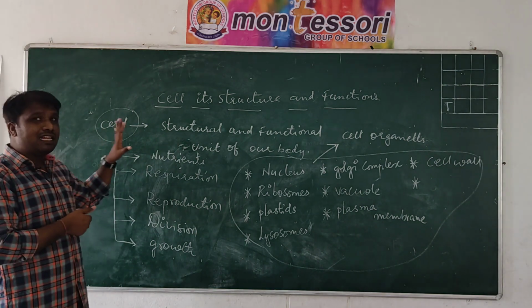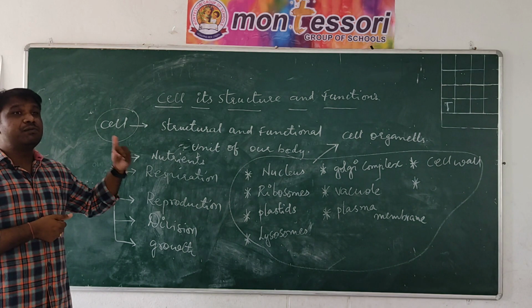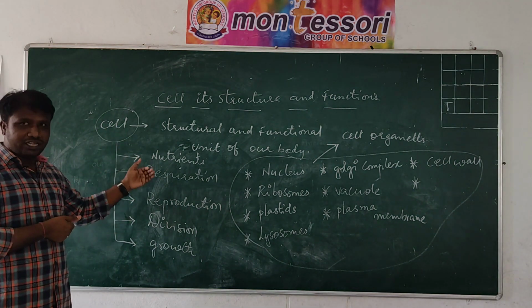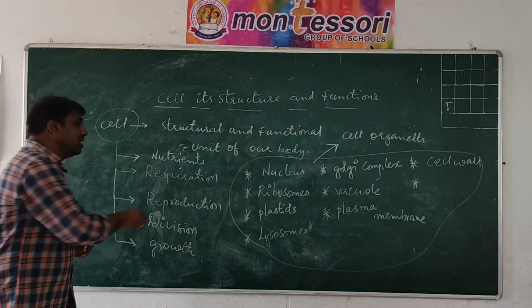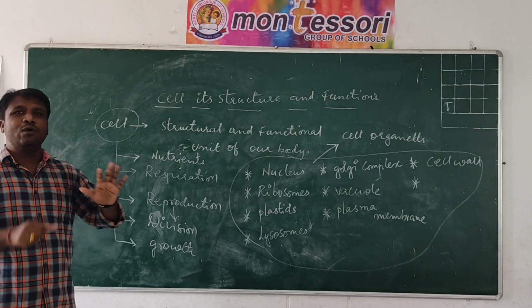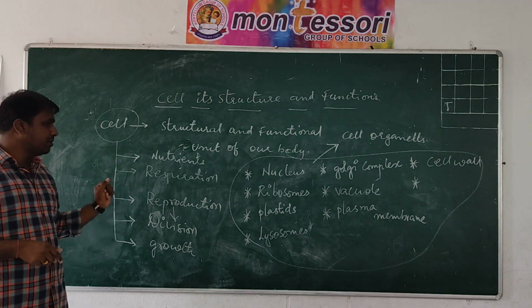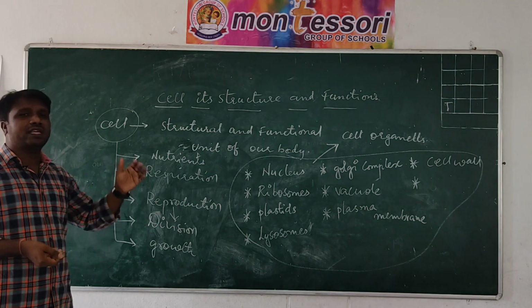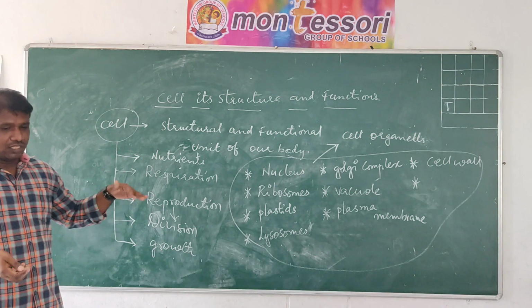And every cell will perform different functions, like it requires nutrients for growth, it has to undergo respiration, it has to undergo what? Reproduction. Reproduction is nothing but a cell division. It has to undergo growth. So, every cell should perform these functions like respiration, reproduction, division or growth, etc. If all these things are there, we call it as cell.